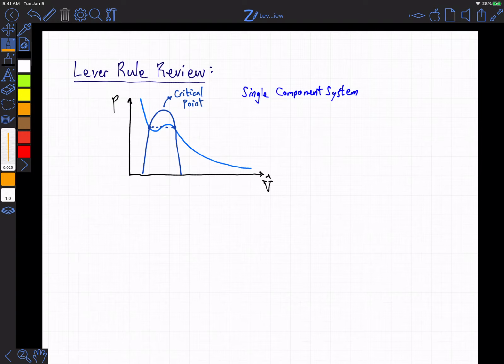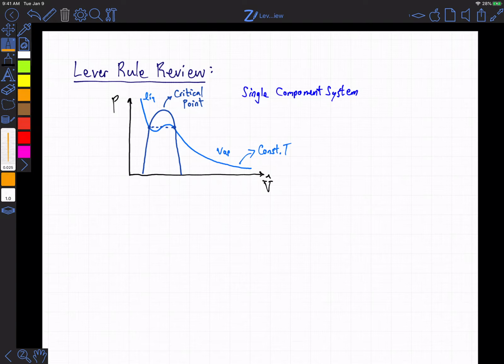And so the question that we're going to ask here, and maybe before we ask that question, we'll remind ourselves that we have liquid at low specific volumes and vapor at high specific volumes, and that this isotherm is at a constant temperature.